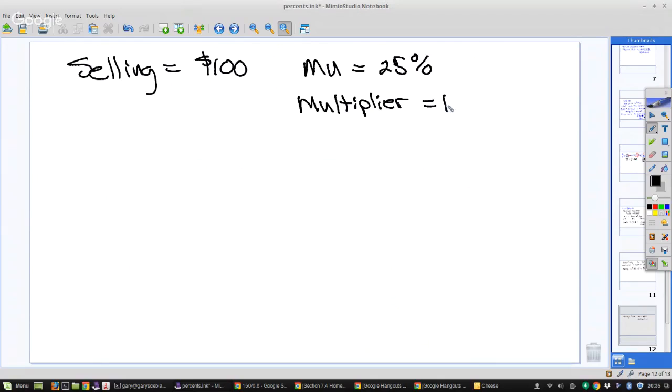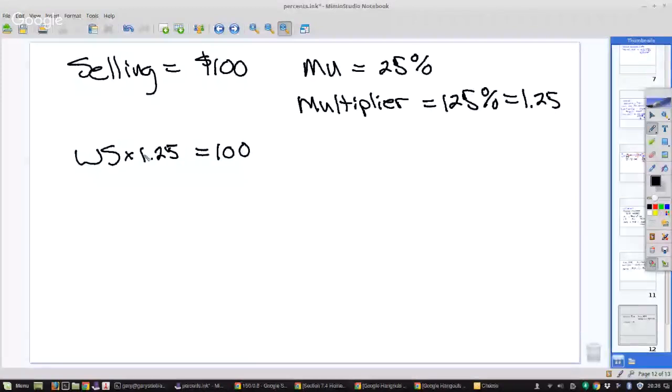So that'd be 125%, or as a decimal, 1.25. So what I know is that if I knew the wholesale value and I multiplied it by 1.25, then that's going to give me the $100. So I could solve this by just dividing by 1.25. So the wholesale is going to be 100 divided by 1.25. And we can plug that into a calculator and get the answer.